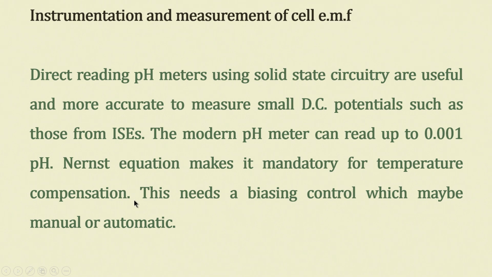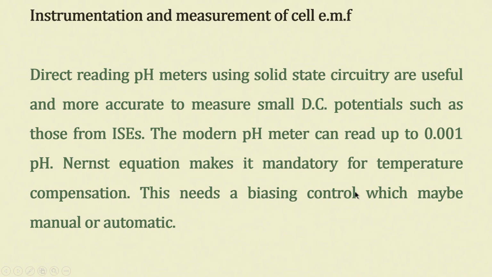So, this needs a biasing control, which is something to do with electronics, and electronics people, if you tell them that you need a biasing control for temperature correction, they will do it for you. And I am not going into details how such a circuit can be made or what sort of components go into that.